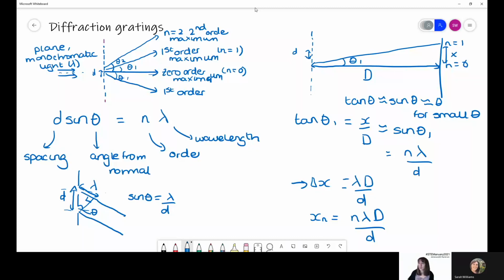Another thing to note is that the spacing as a function of angle between your fringes depends on the wavelength. So if the wavelength's shorter, then the diffracted peaks get closer together as a function of angle, and in turn using this equation on the right hand side as a function of position.